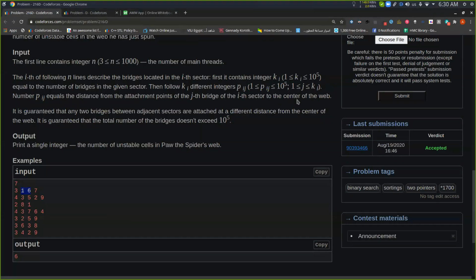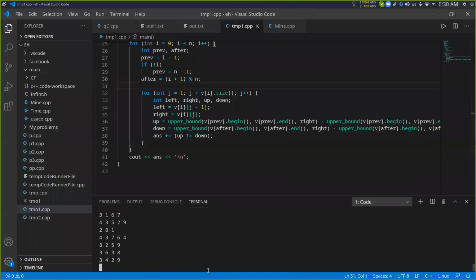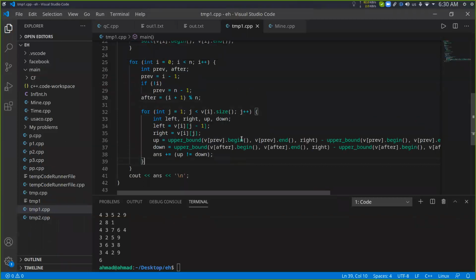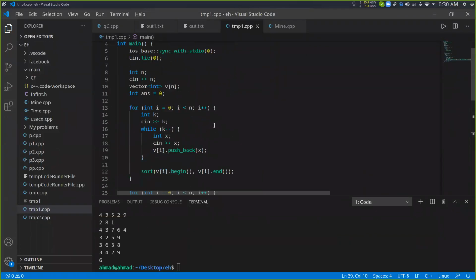Let's check. Hope there are no errors. Okay, no errors. Let's check the last time.